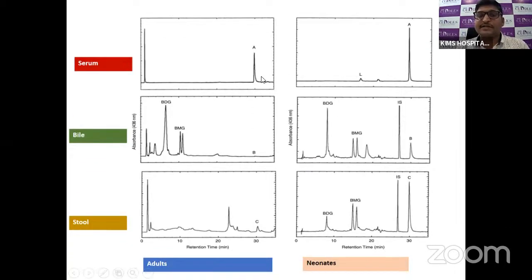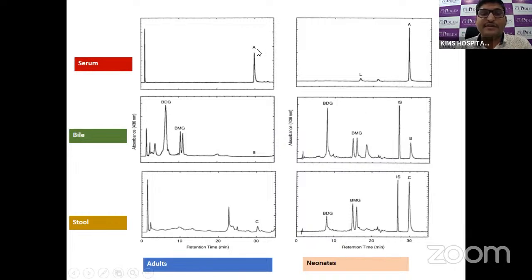So here is a chart which shows the different products measured in the serum, bile, and stool in bilirubin metabolism. Okay. So here you can see in the serum, the first one is the adult, and next the neonates.